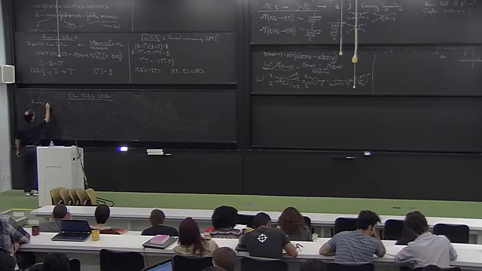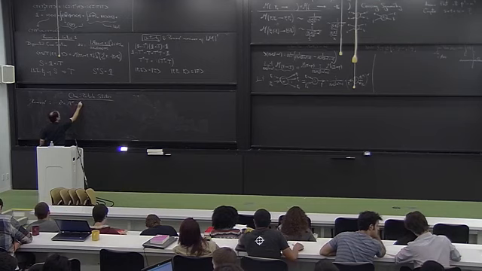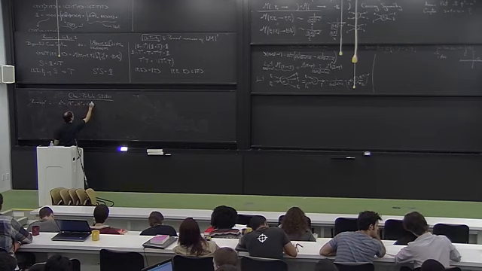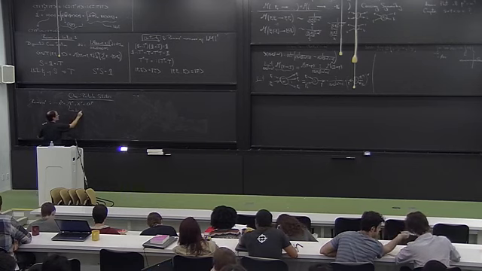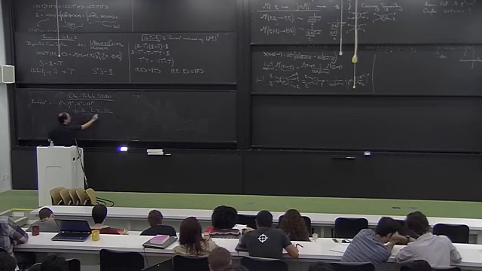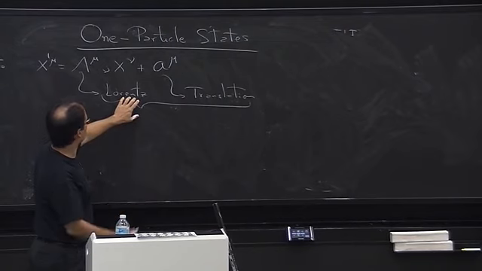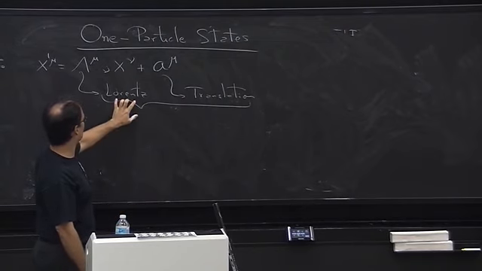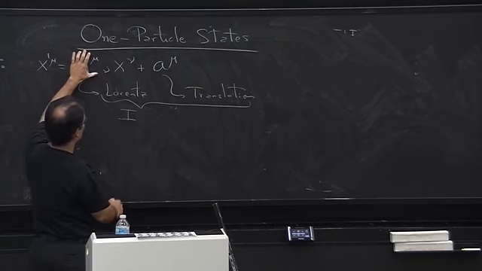So we want to study what happens to one particle states under Poincaré. Just to set up our notation, we know that on coordinates, Poincaré acts as follows, where this is a Lorentz transformation, this is a translation, and together, when people find a group that has this structure, they usually call it the inhomogeneous version of the one that you have here.